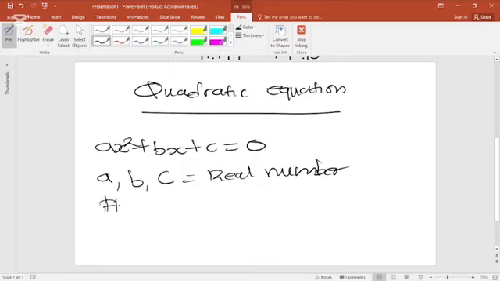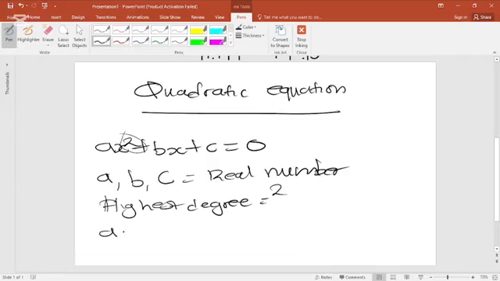Each and every quadratic equation has the highest degree of 2. As you can see there, the highest degree in our equation is 2. So this is one of the things that we should know when we are dealing with a quadratic equation.